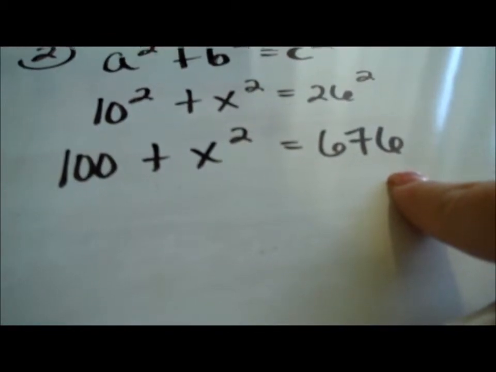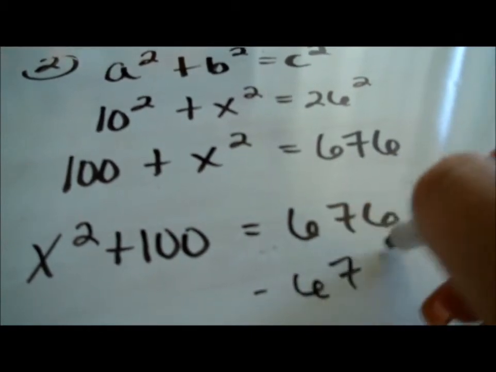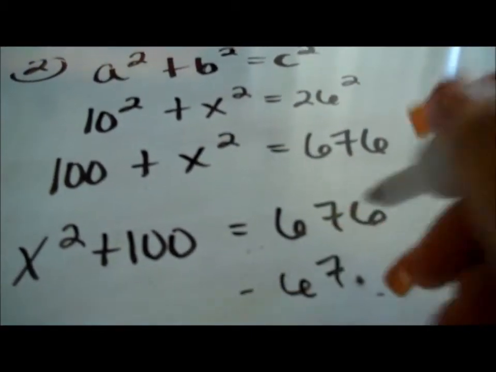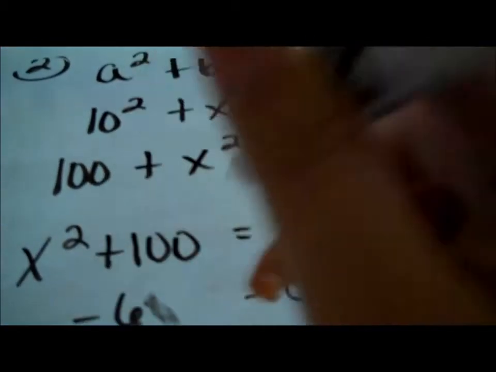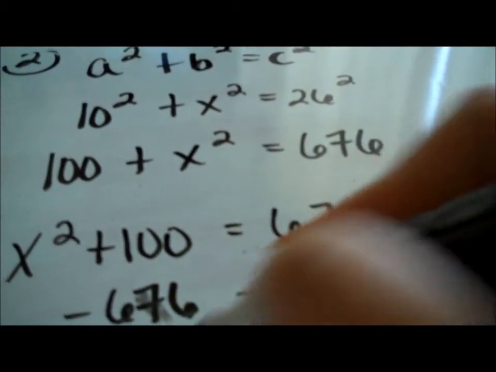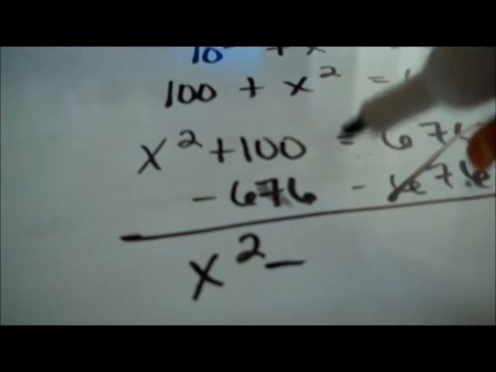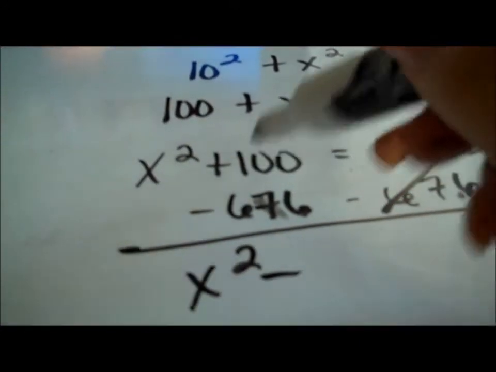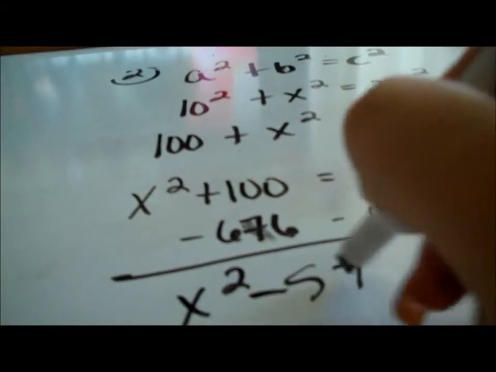So I'm going to rewrite this as x squared plus 100 equals 676. Subtract the 676 over. When I subtract 676 from 100, I'm going to get a negative answer because I have more negatives than I do positives. And 100 from 600 is going to be 576.